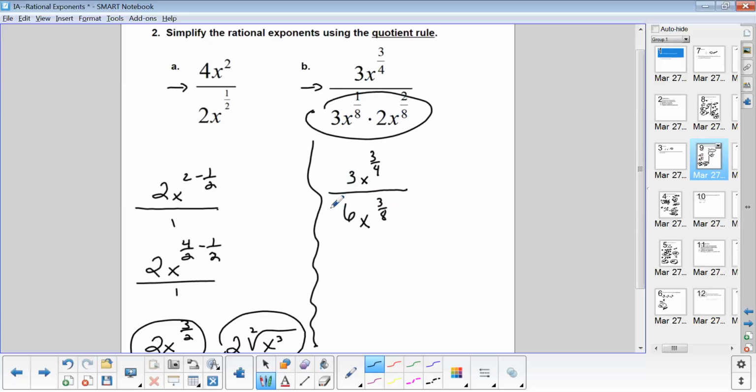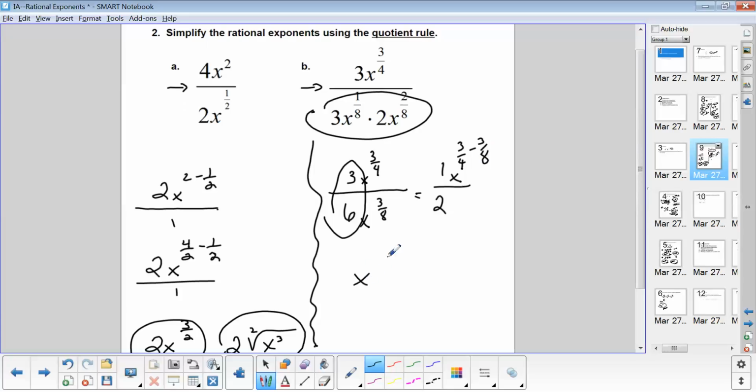So now I get 3/6, which is equivalent to 1/2, and I'm dividing, so now I'm going to have 3/4 take away 3/8. Common denominator of 8, LCM of 8.